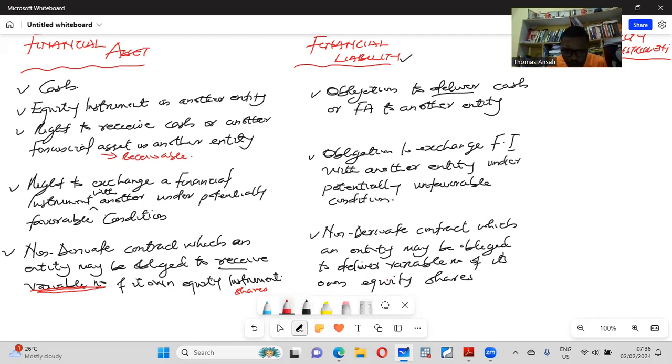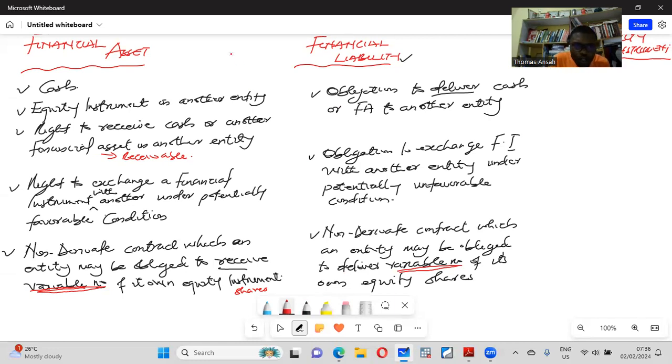So here the word variable is the key. You have to be very, very careful. You'll be delivering some shares, but you don't really know the number of shares. It's variable. It depends on something. So if it depends on something, then it is a financial liability. But if it is fixed, then it is not a financial liability.